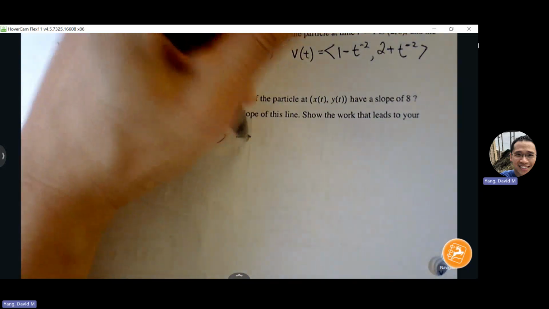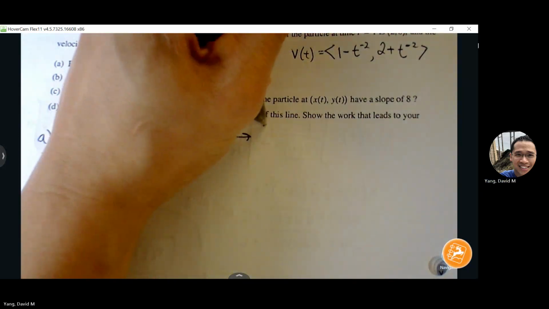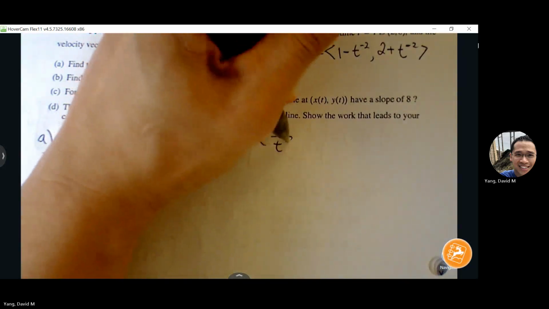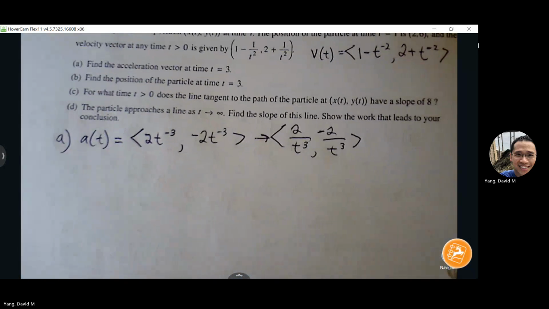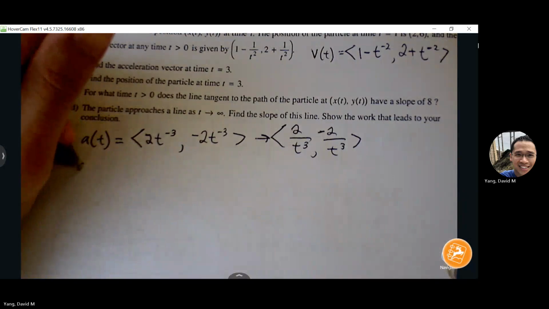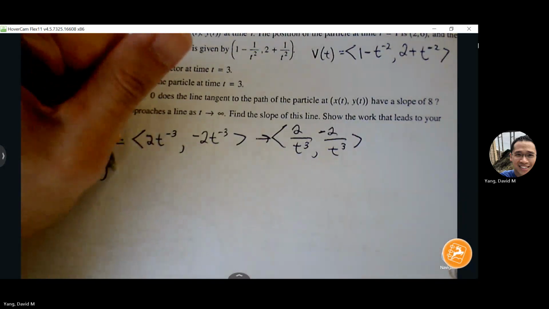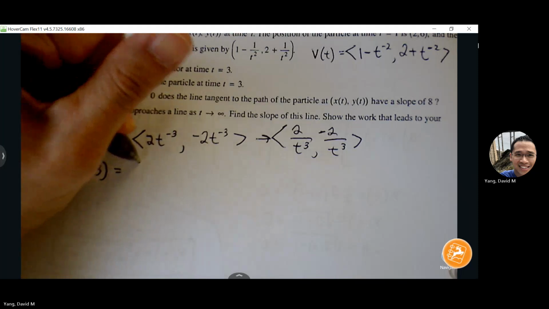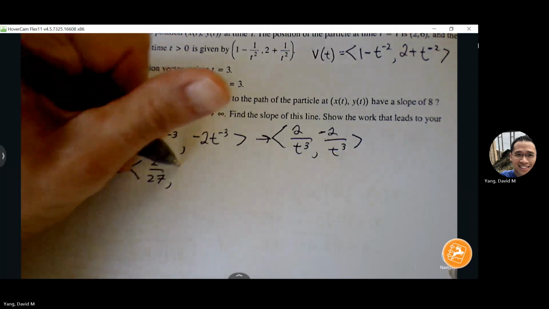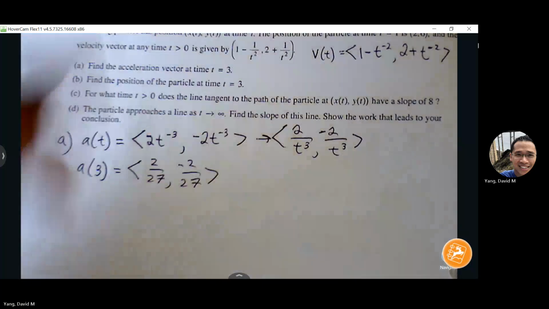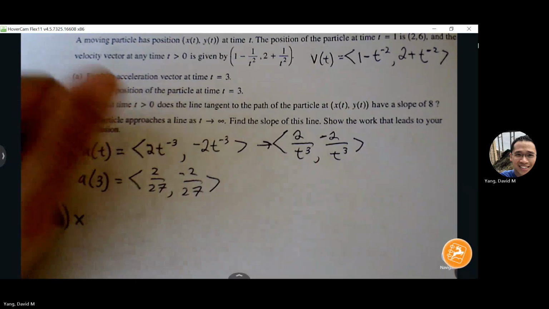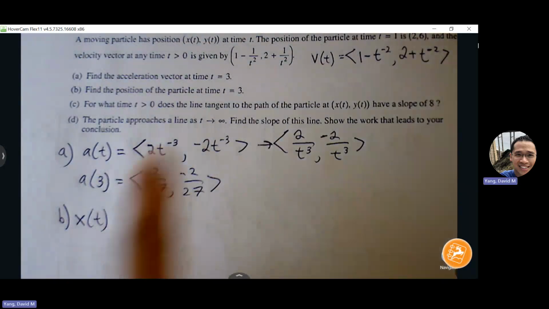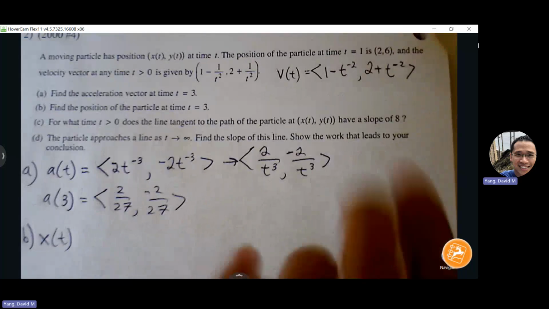We wish all FRQs were as straightforward as this. Okay, to get the position vector, we can do what?